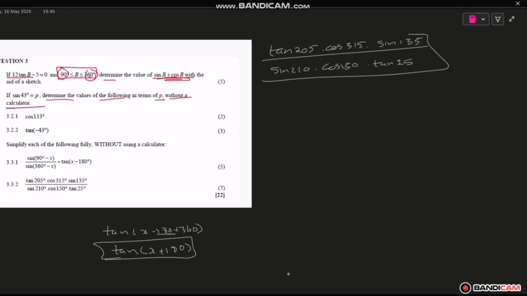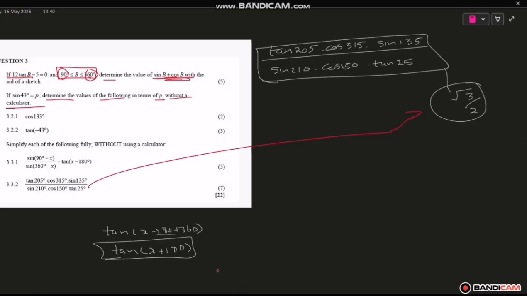Now do this thing. I won't do it. Try to do it, but the answer must be square root 3 over 2. So when you solve 3.32, you're going to get square root 3 over 2. Do it by yourself, and please do what is written on the screen in red color.